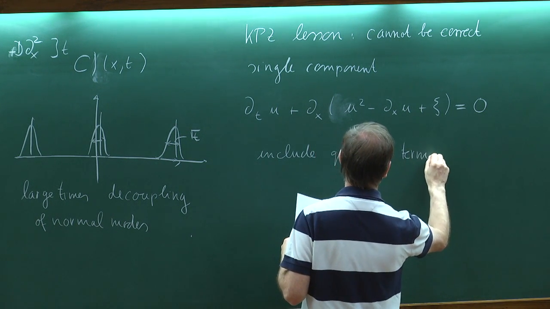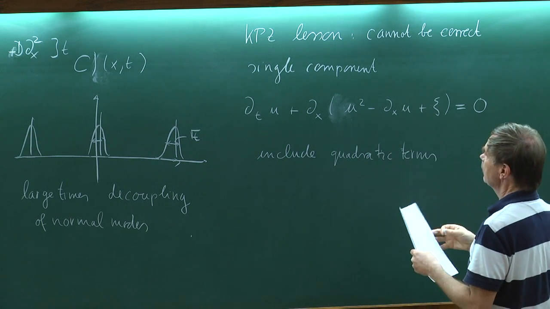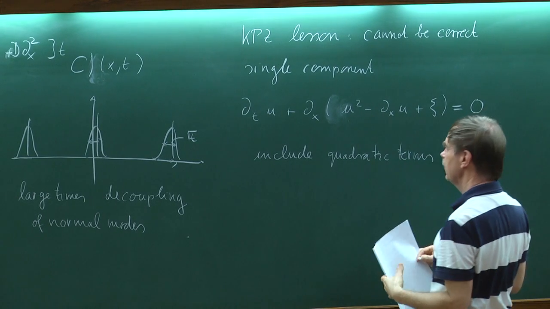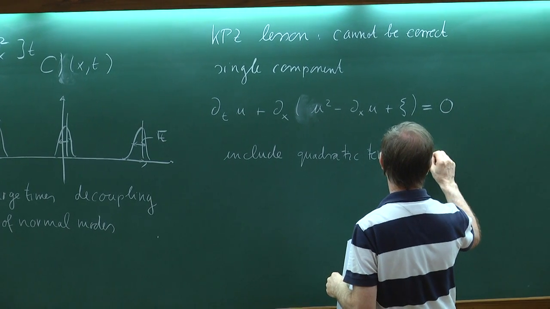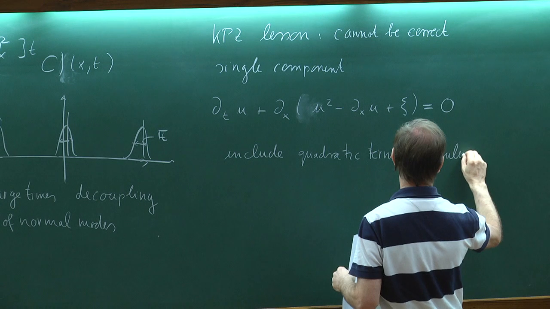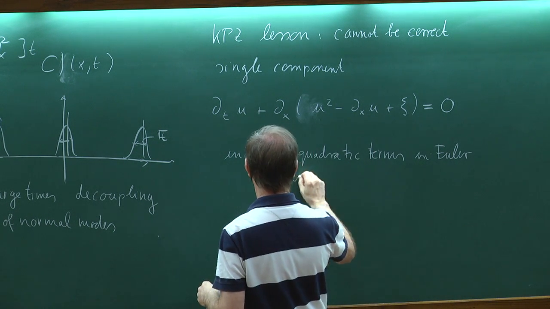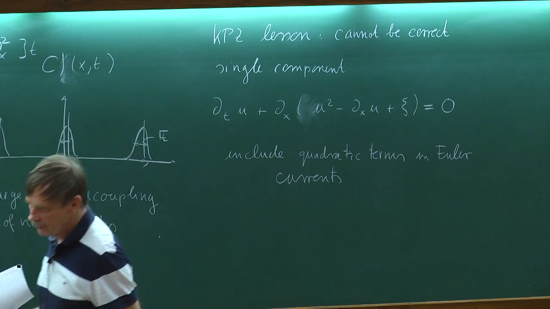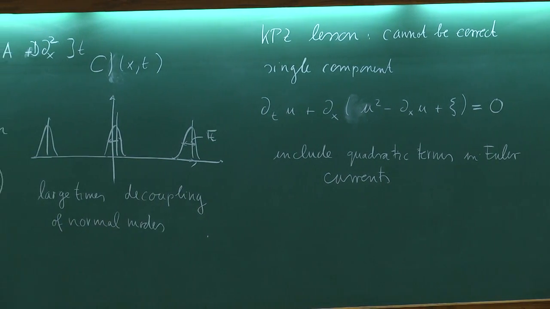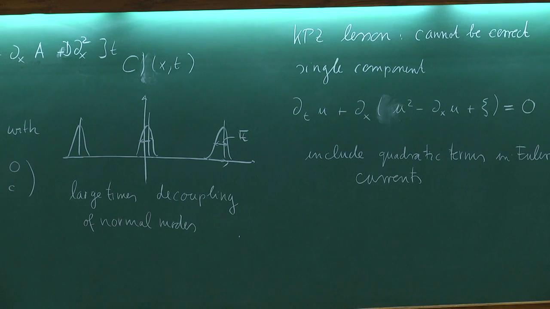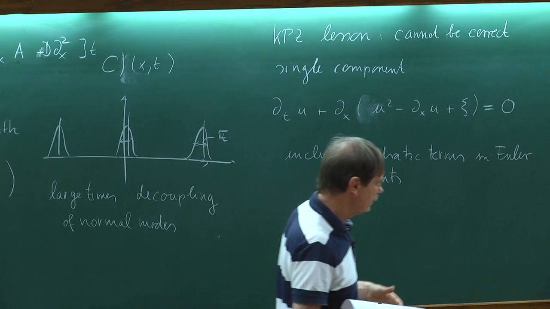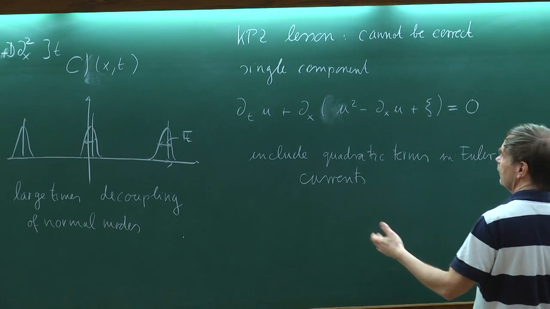Now, of what? Well, you can see this from this equation. I should add quadratic terms in the Euler currents, right? So add quadratic terms in Euler currents. Now, you might wonder, why not even more terms, right? I start adding quadratic terms. Once I go away from the linear world, I can add further terms in many places.